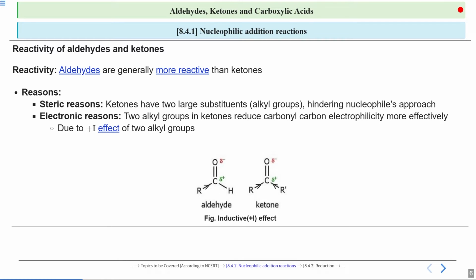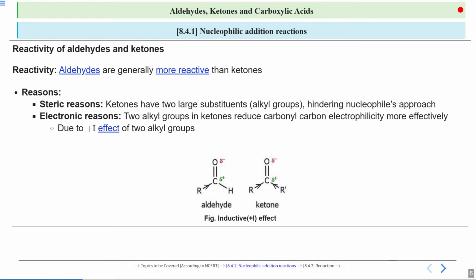So if you look at this diagram, students, you can visualize it more clearly. So you have an aldehyde and you have a ketone. Okay, imagine the carbonyl carbon in a ketone is being shielded by two electron clouds because there are two R groups. It is shielded by two electron clouds.